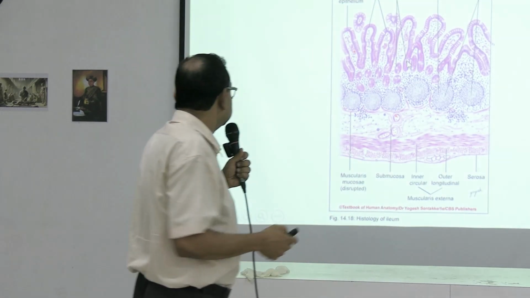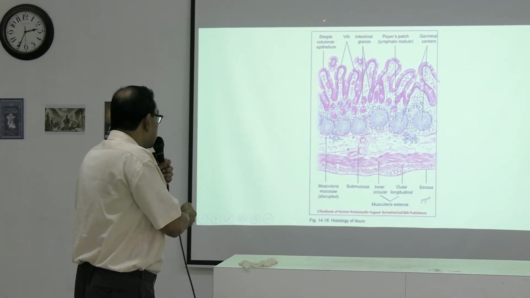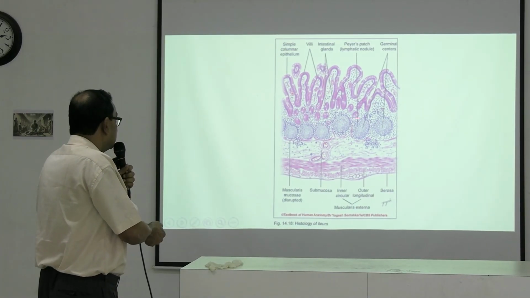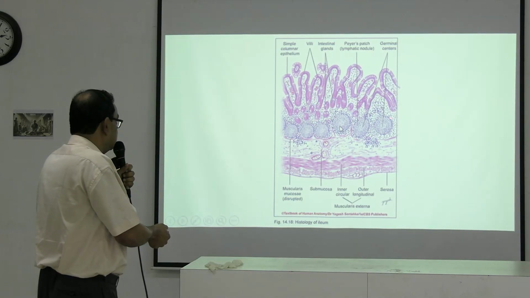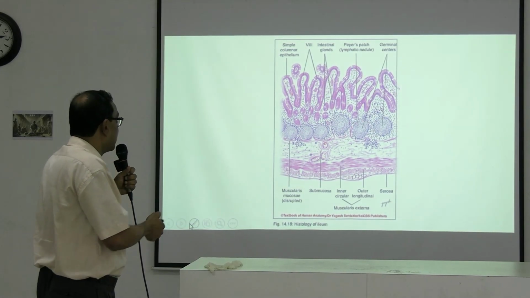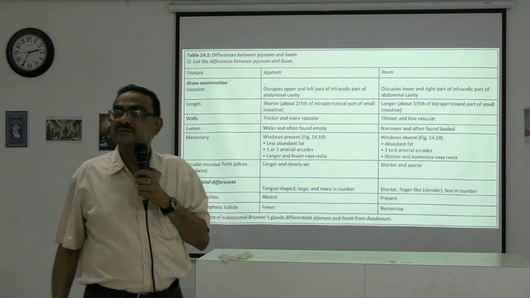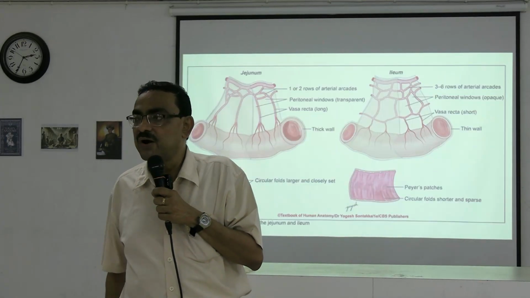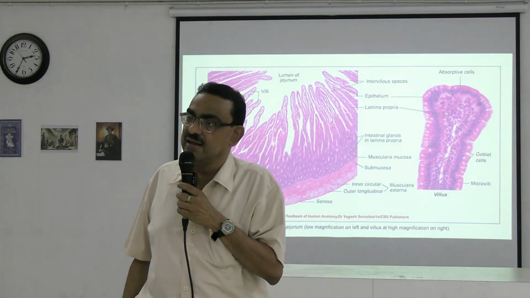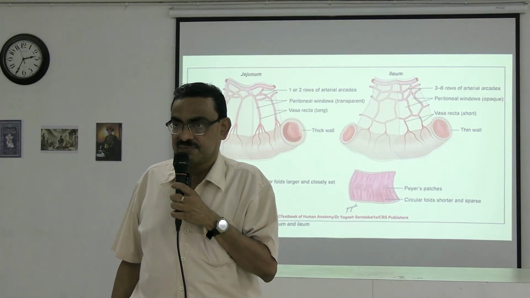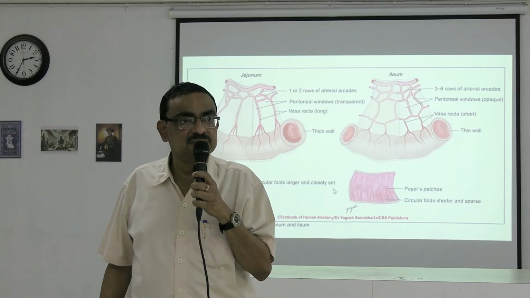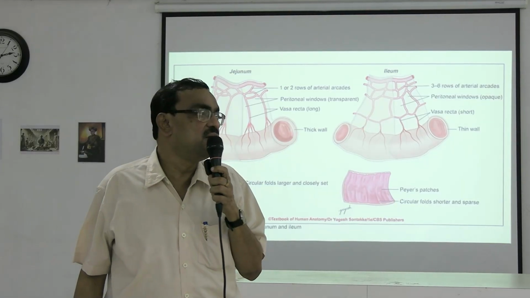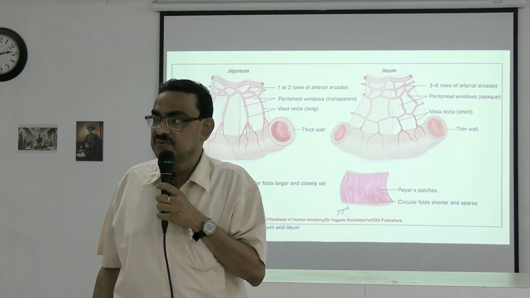So in the jejunal end, we can see these are the lymphoid follicles. We will get similar lymphoid follicles in the ileal end also. In the jejunal end, we will get one or two solitary lymphoid follicles, single.